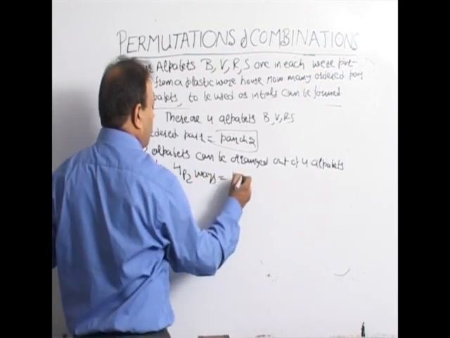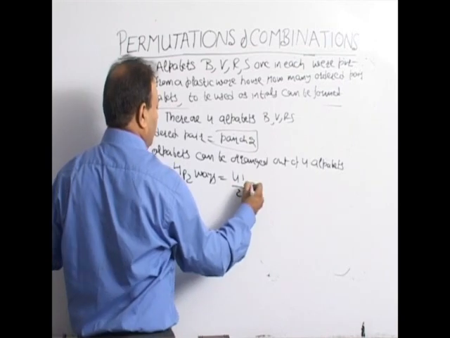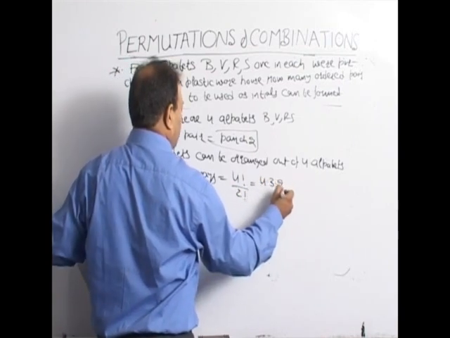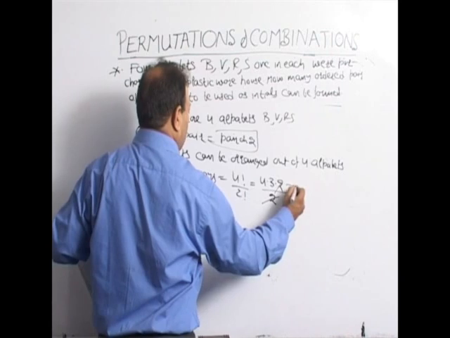I can say 4 factorial upon 2 factorial, that is 4 into 3 into 2 upon 2. This comes out to be 12 ways.